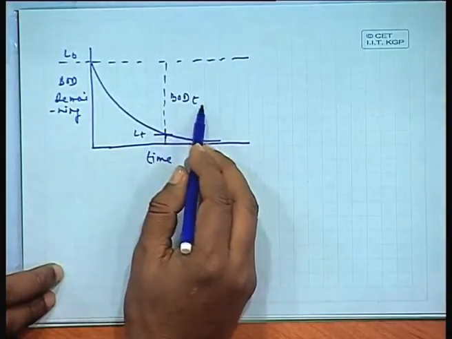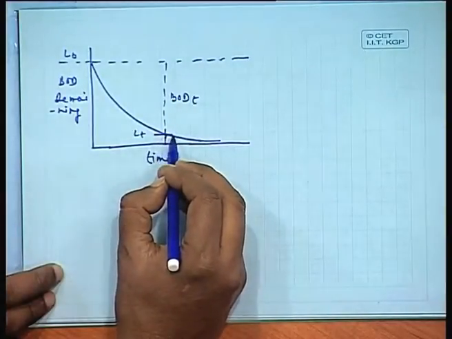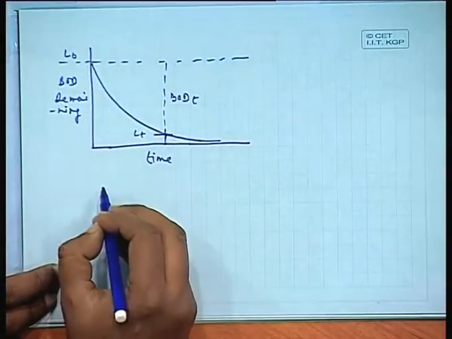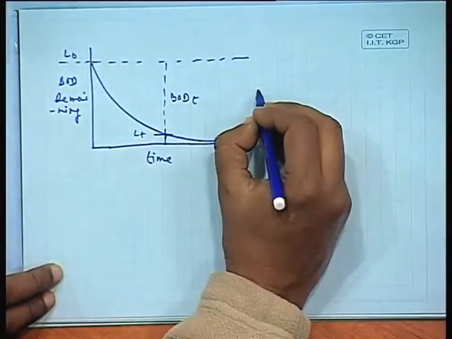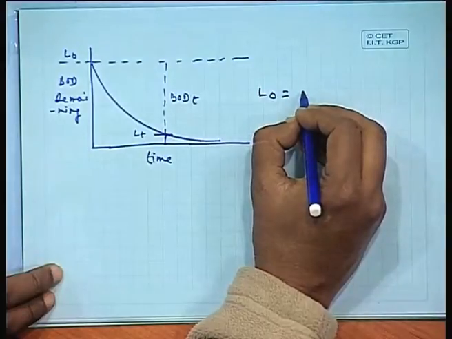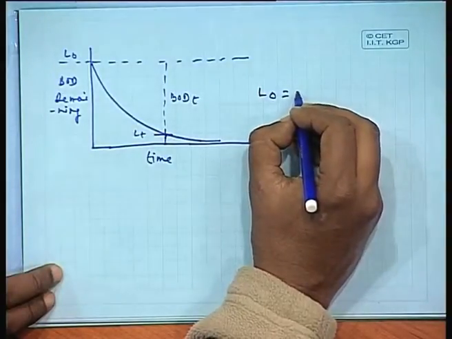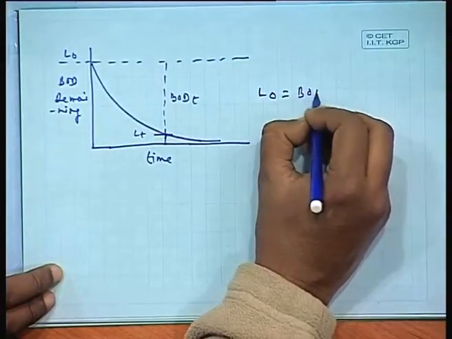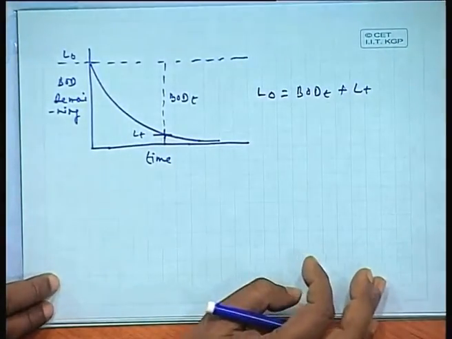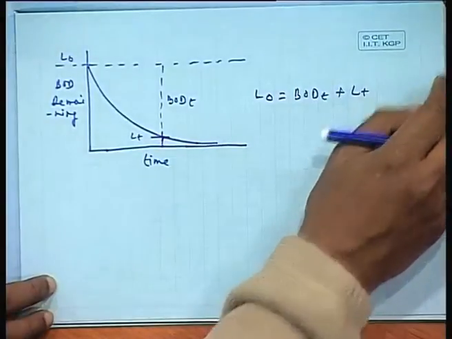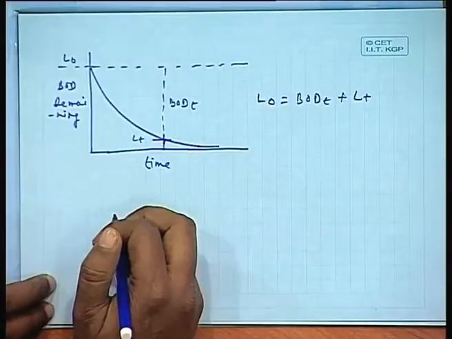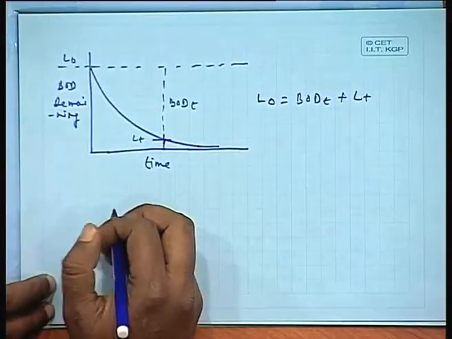This is BODt, and this is Lt. So at any point of time, L0, the ultimate biochemical oxygen demand, is BODt plus Lt: the demand already consumed plus the demand remaining. It is the ultimate carbonaceous biochemical oxygen demand.